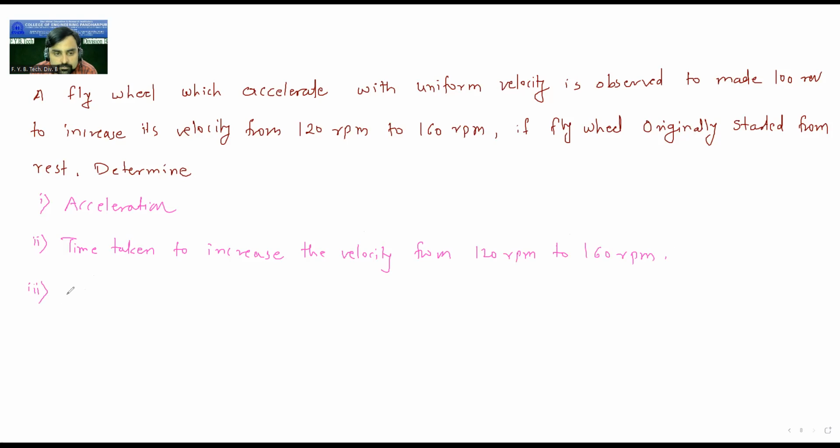And third, revolutions made in reaching a velocity of 160 rpm from rest. So this is the given problem. Read it and solve it.